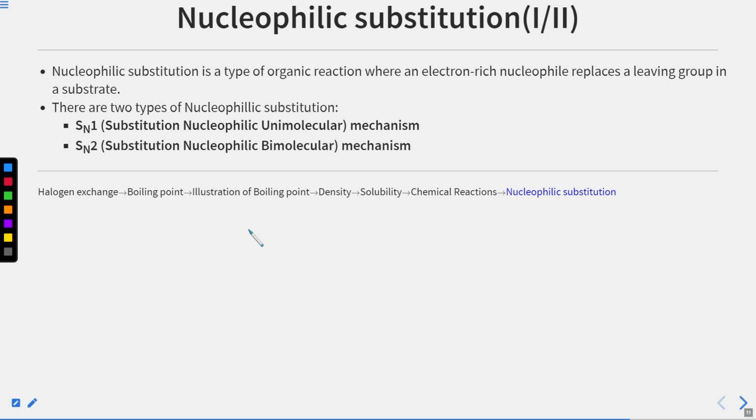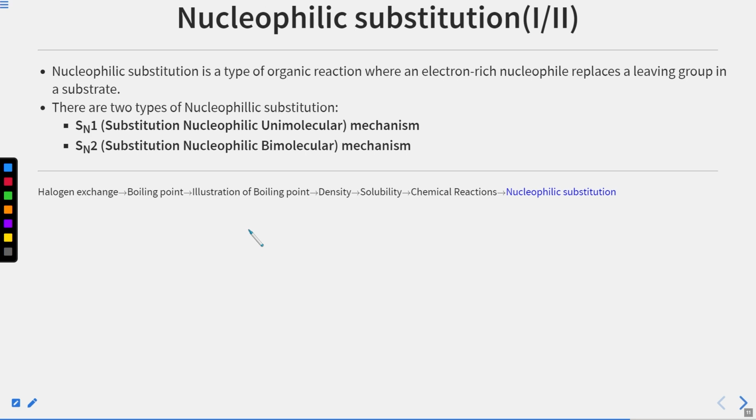Suppose we have CH3X. Now here the C-X bond nature comes into play. All the reactivity will be decided on the basis of the nature of the C-X bond, whether that C-X bond is stronger or not, whether it has a positive charge center or not. If you remember, I said earlier that the nature of the C-X bond is very important to understand why some reactions go the way they go.